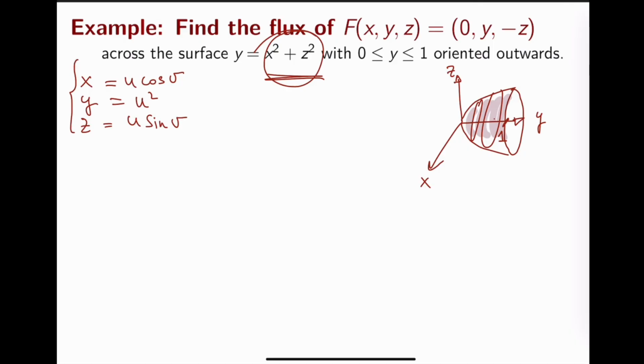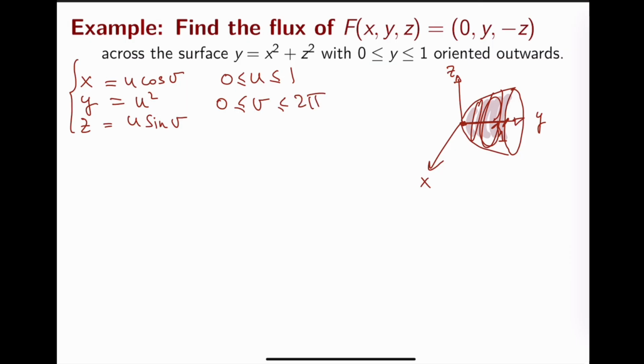So these are the parametric equations of this surface, where the value of u is going to vary between 0 and 1 to get just that part of the paraboloid, and v, the angle here, is going to go all the way around, so it's going to vary between 0 and 2 pi.